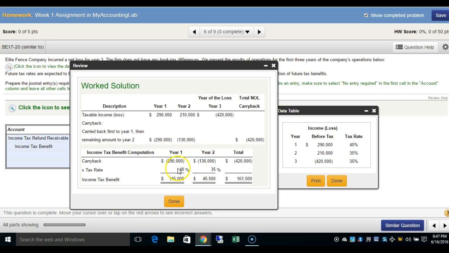The carryback times tax rate is the $290,000 times 40% equals $116,000. Take the $130,000 loss times 35% equals $45,500. So your total income tax benefit is $161,500.